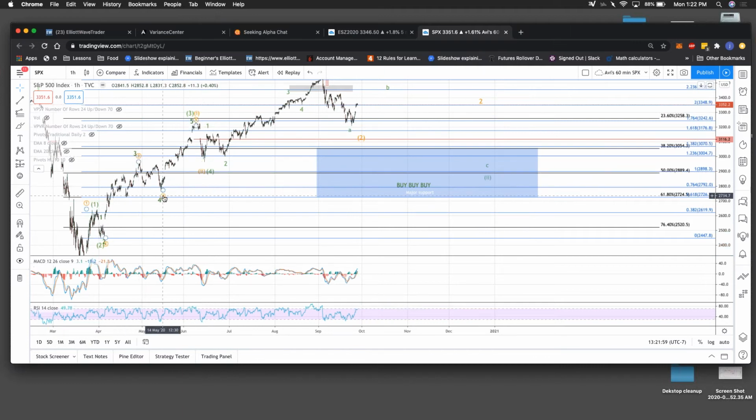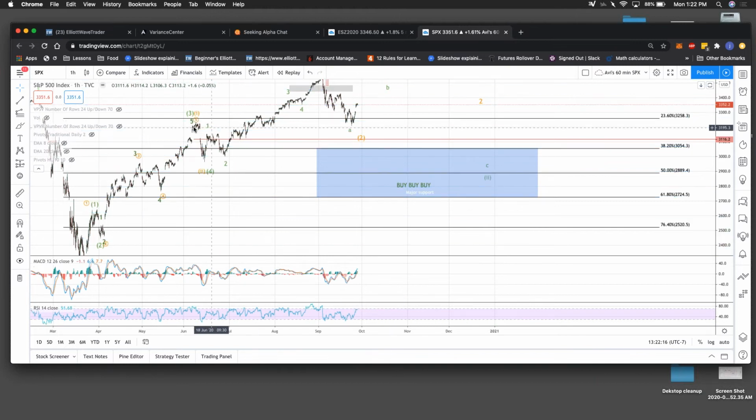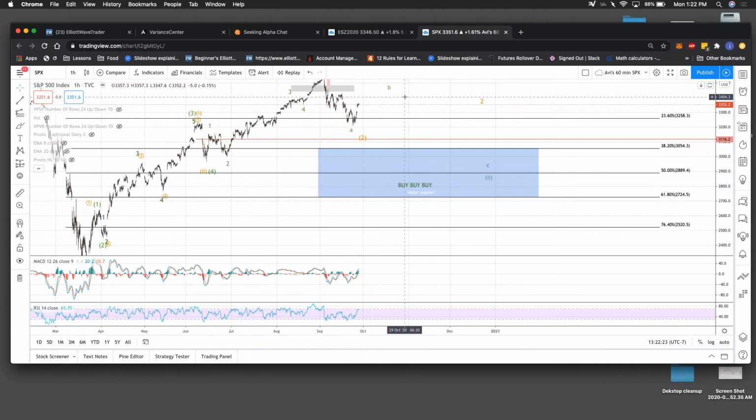And then this wave 4 pullback occurred as a flat, whether it be wave 4 of 3 in the green count or all of wave 4 in the orange count. And then we got the fifth wave up to the top just beneath the 1.764 extension, which is a little bit extended for a diagonal, but given how shallow this wave 4 was, that would be just fine.